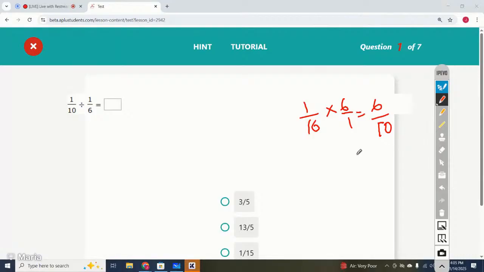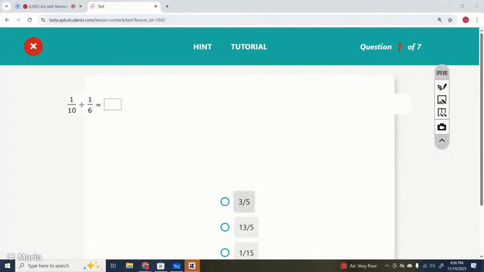Let's divide by the greatest common factor, that would be 2. That is 3 by 5. The correct option is 3 by 5. Option number 1 is the correct option.